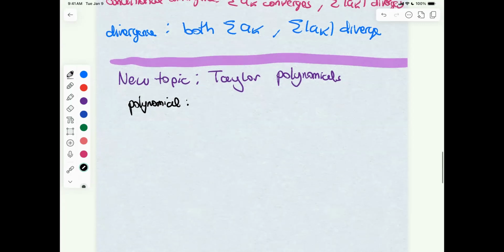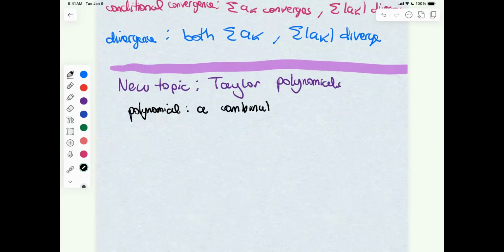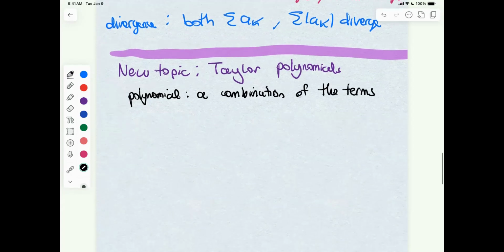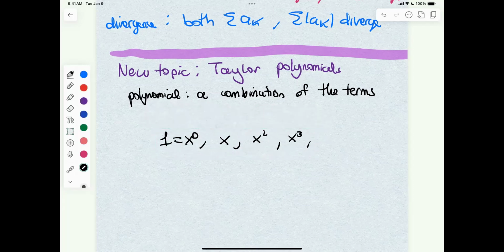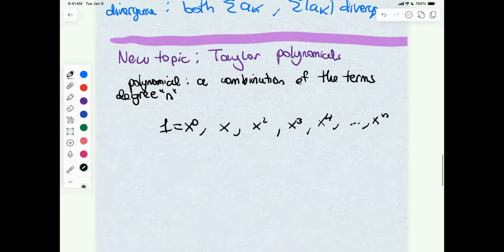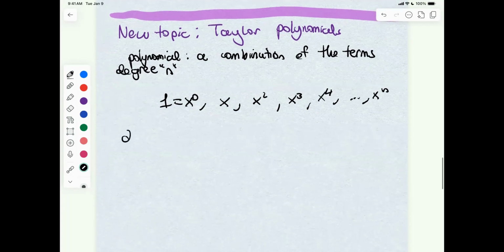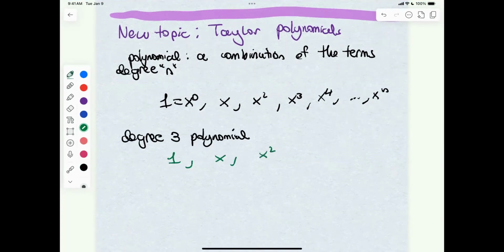A polynomial of degree n, let's say. For example, a degree 3 polynomial: the combination would be of 1, x, x squared, and x cubed.